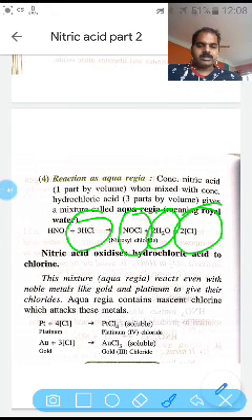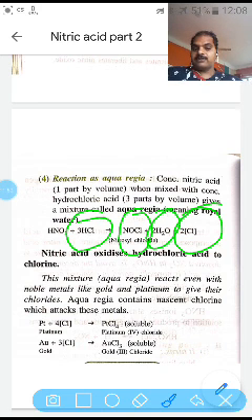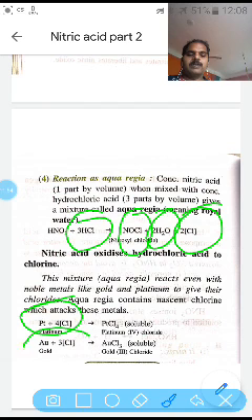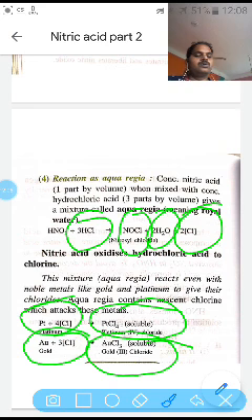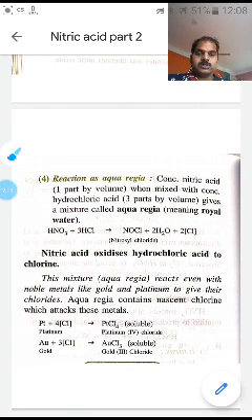This nascent chlorine is responsible for the reaction of aqua regia with platinum and gold to form platinum 4 chloride, or platinum tetrachloride, and gold 3 chloride, or gold trichloride. These salts are soluble in water.